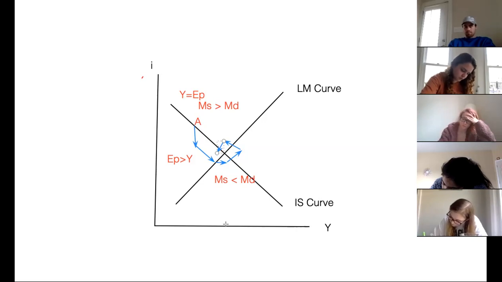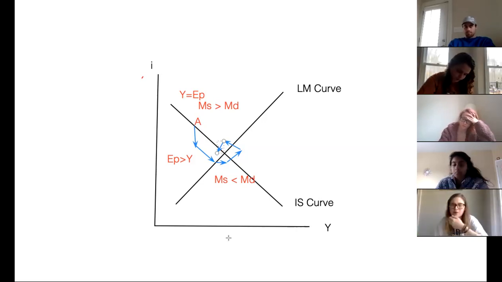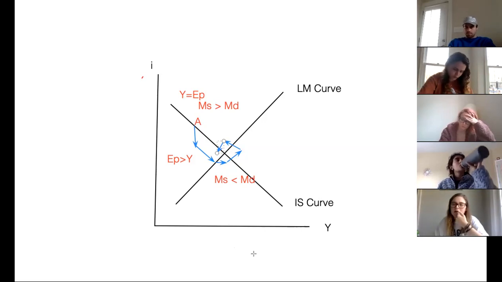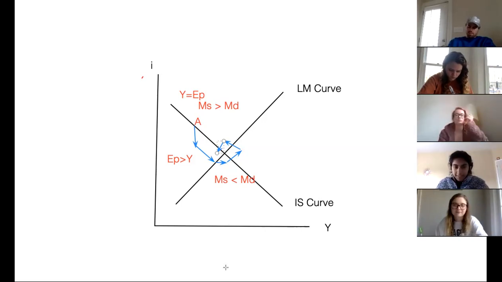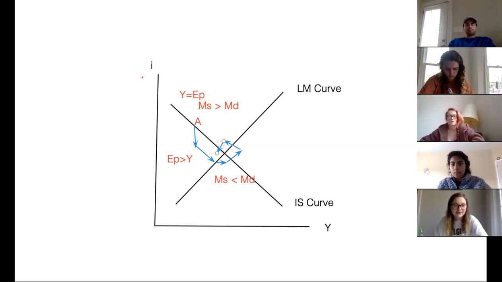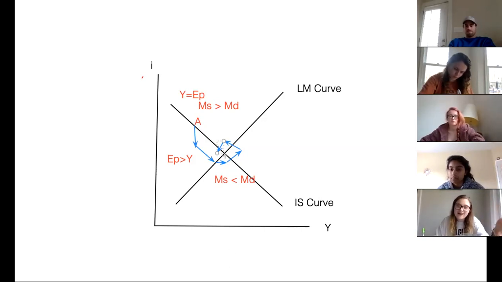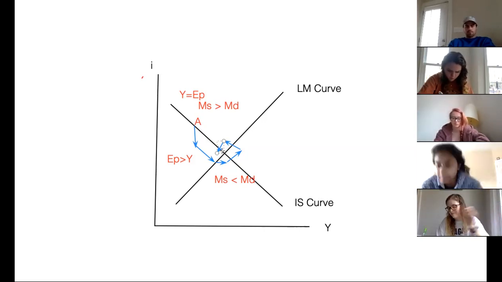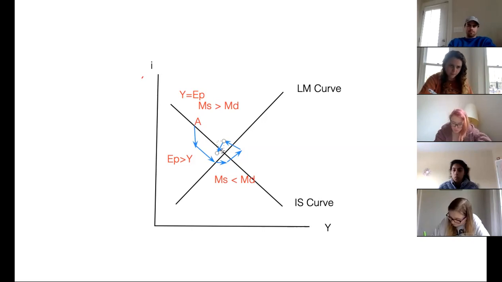Now we can take this process out as long as we want it to. Where are we going to end up? Rachel? At equilibrium. Where is that on the graph? At the point where the IS curve crosses the LM curve. Exactly.